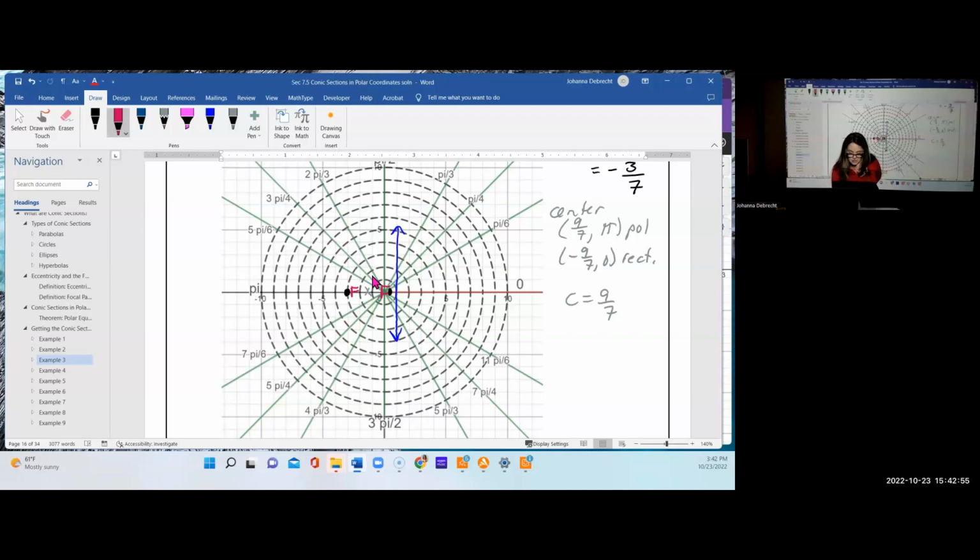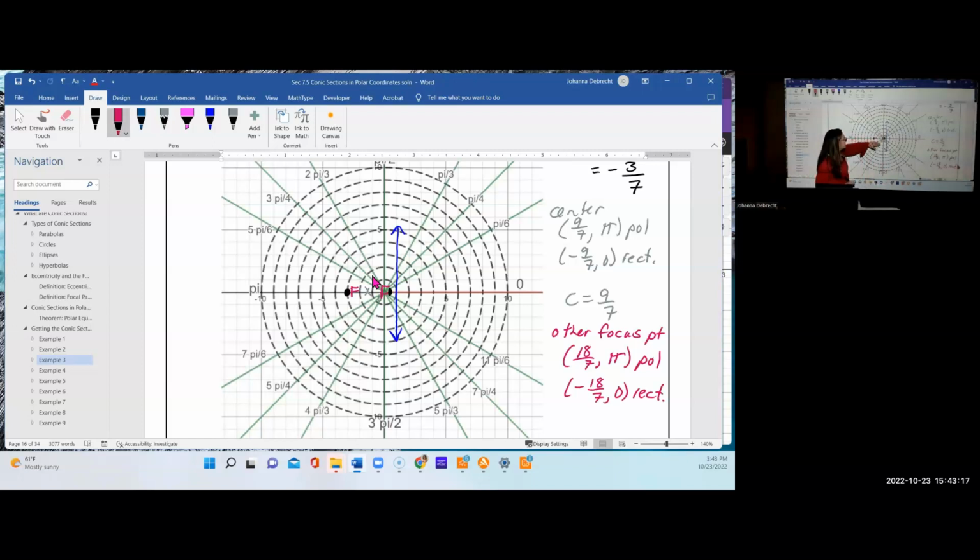Right? So the other focus point has to be at the location 18/7 in the pi direction for polar, or you can write it as -18/7, 0 in the rectangular system, depending on what your professor wants.